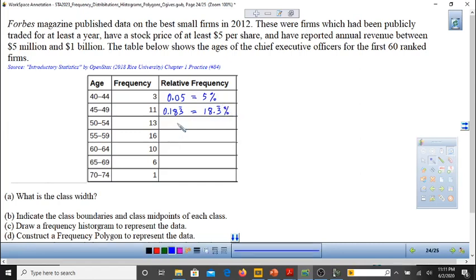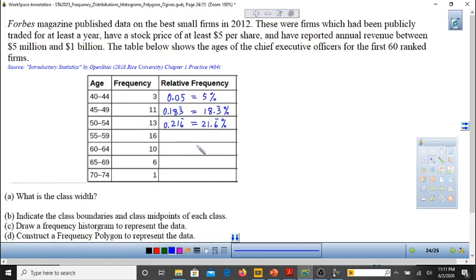And then 13 divided by 60 is 0.216 repeated, which is 21.666, etc. percent. I'm just going to write the bar over, but it should be 21.7 if you round to 3 significant figures.